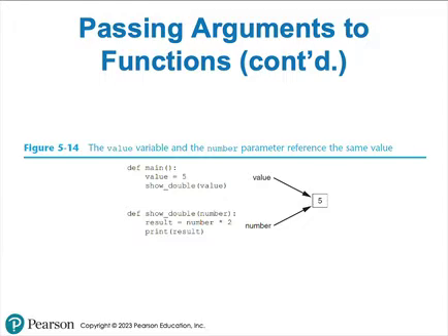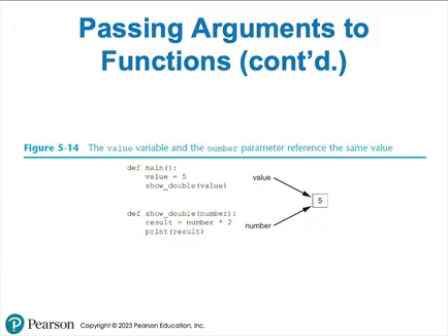So Python's kind of weird in this aspect that we're getting ready to discuss. Most programming languages, you have pass by value or pass by reference. And what happens is Python starts out doing a pass by reference. So when we called in the main program, we have a variable value that points to or references a position in memory that has the value 5.